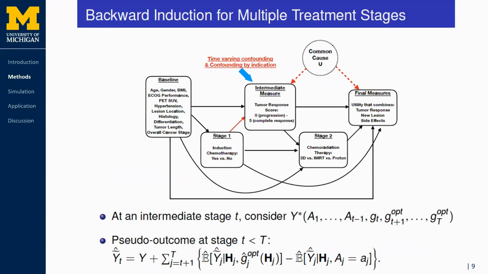So one more complication in this whole thing comes in dynamically over time. From the baseline measurements, you have your stage 1 treatment. After your stage 1 treatment, you have your intermediate outcomes.